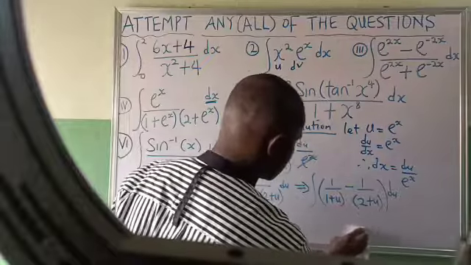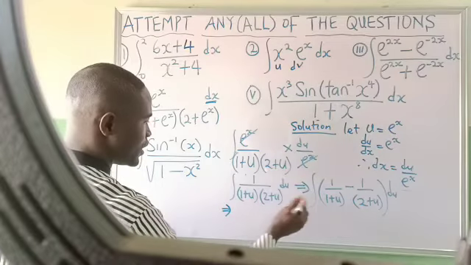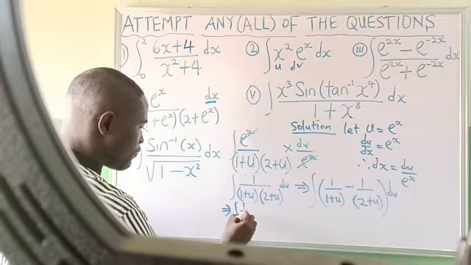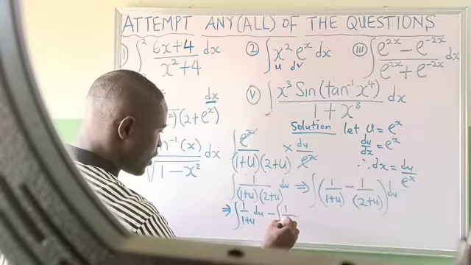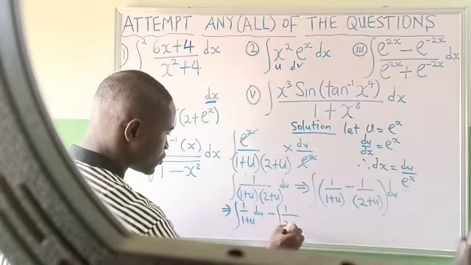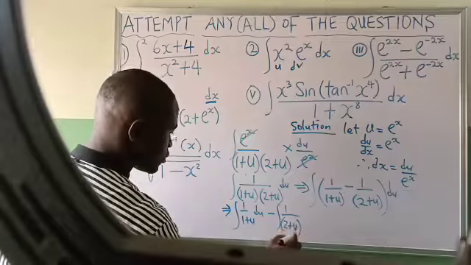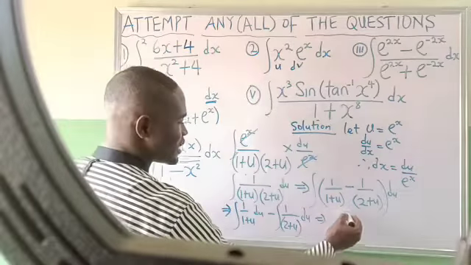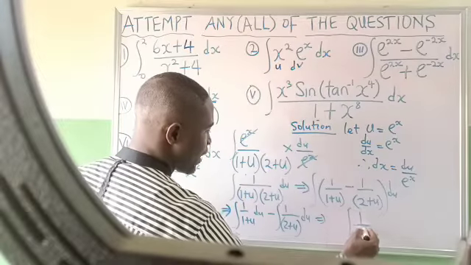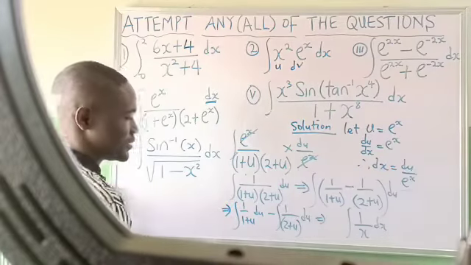That means if I am to integrate, I will take the integral sign to inside of it. Integral 1 over 1 plus u du minus integral 1 over 2 plus u du. What will it give me? Now this is like asking you to integrate 1 over x dx, where this is x.